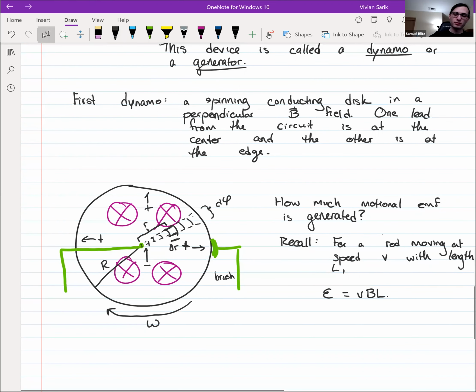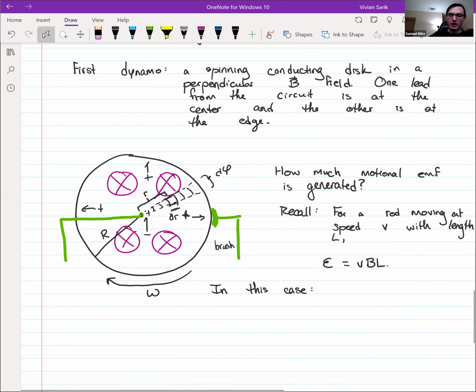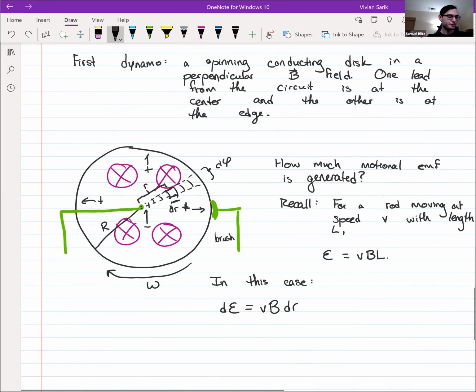In this case, we're just going to use that, but just for our infinitesimal chunk. We get that the infinitesimal chunk of EMF is the speed of that chunk times the magnetic field passing through it times the length of that chunk. In this case, that length is dr, and it's the length perpendicular to the motion. So it has to be the dr, not r d phi.